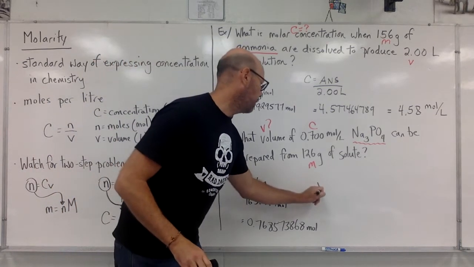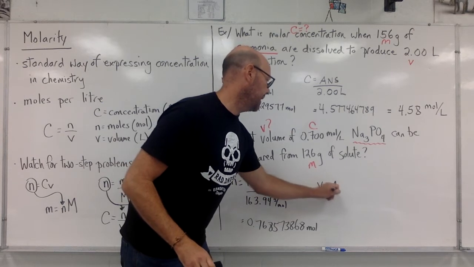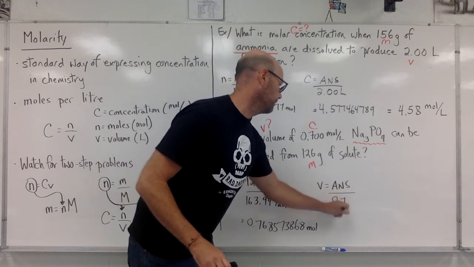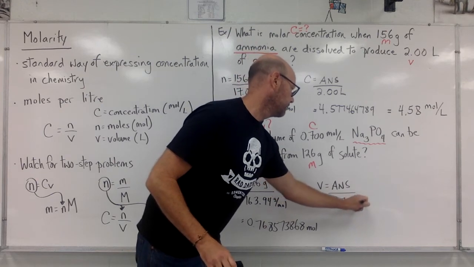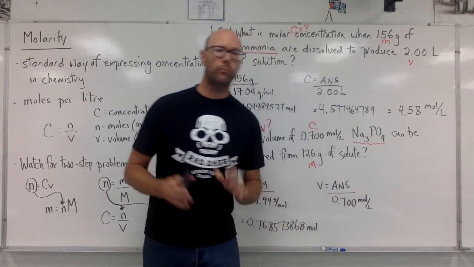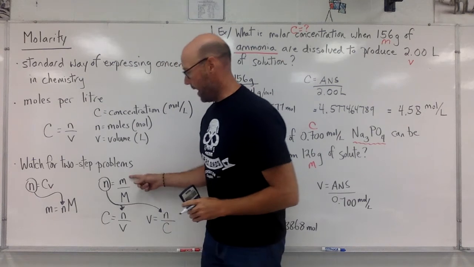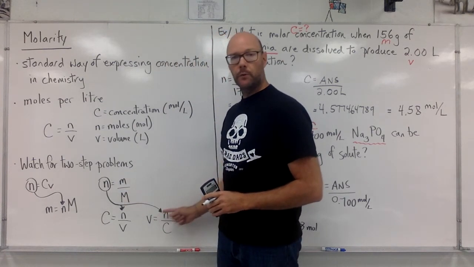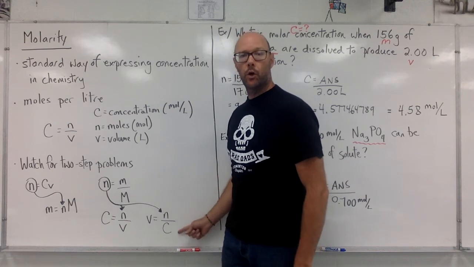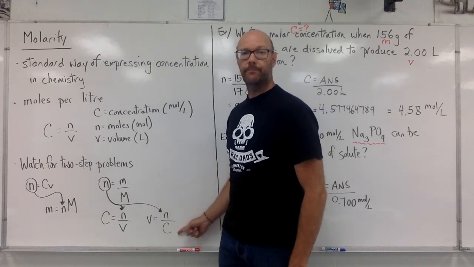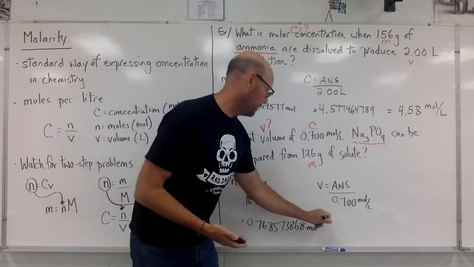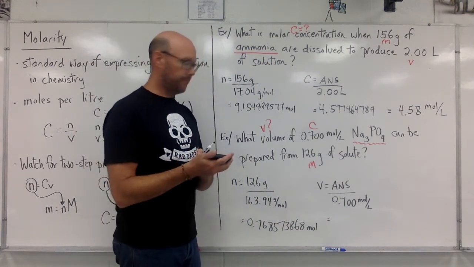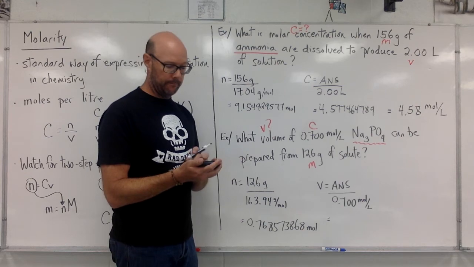And then the volume is this answer over the concentration. What we did was we did mass over molar mass. We are going to solve for the volume, so we're taking our answer, putting it over the concentration. That answer is already there on my screen, so now I'm just dividing by 0.7.